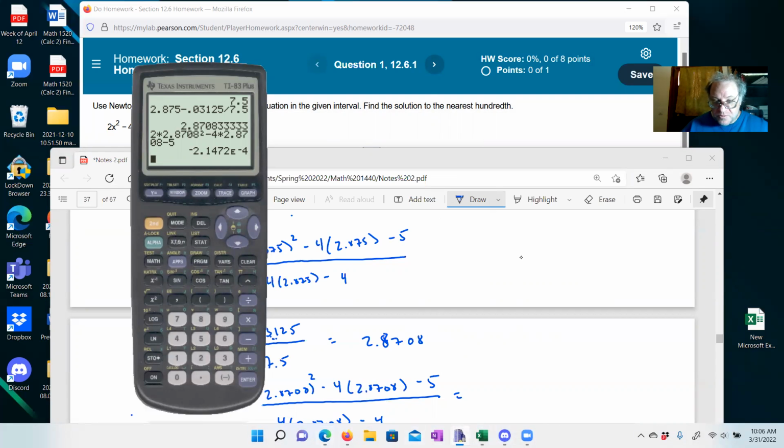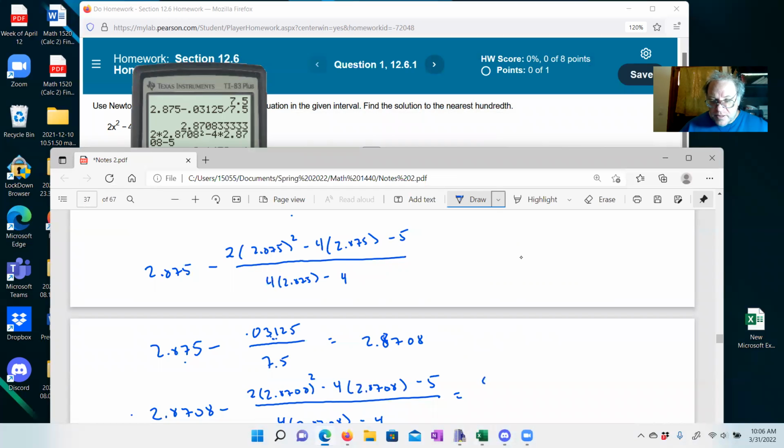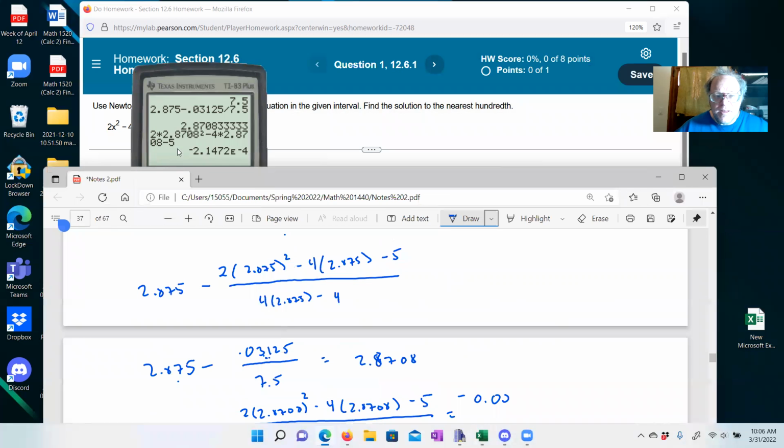So this was negative 2.1472 times 10 to the negative 4th. So this 1, 2, 3, 4.